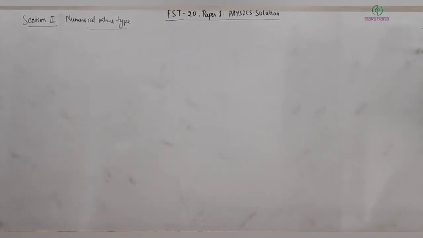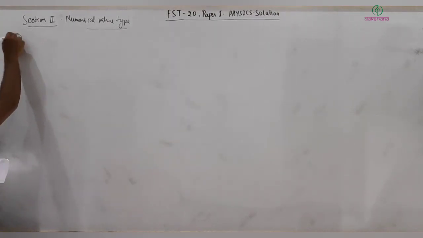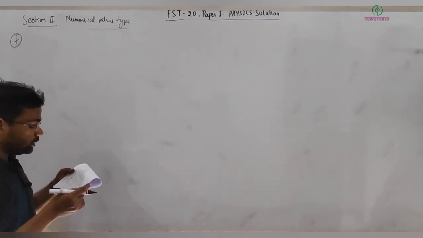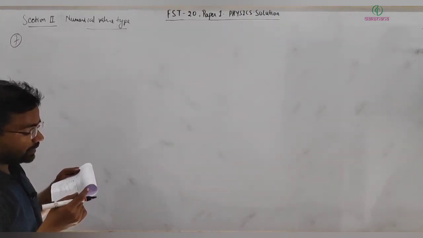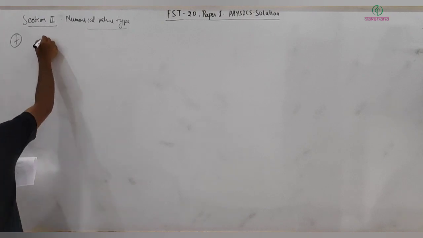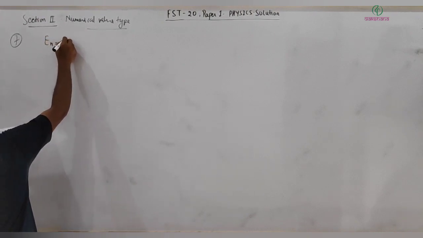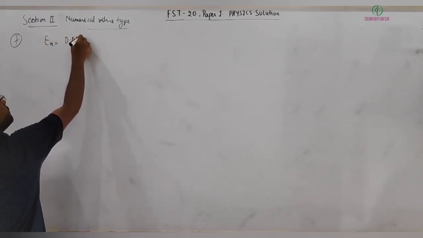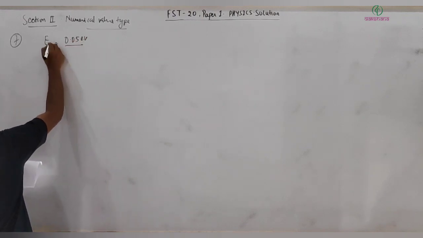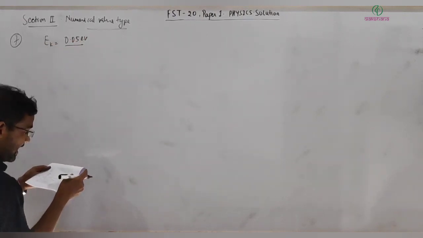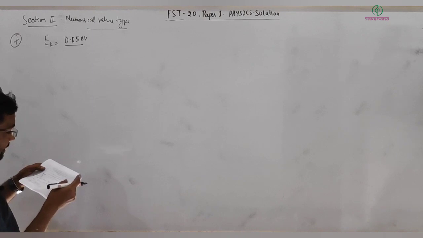Okay, see next question number 7, and here consider a neutron beam where every neutron in the beam has a kinetic energy of 0.05 electron volt. This is the kinetic energy of the neutron, and take the half-life and the rest energy.